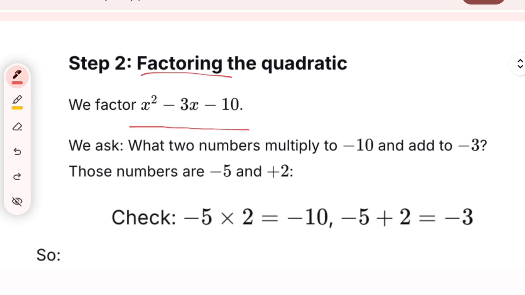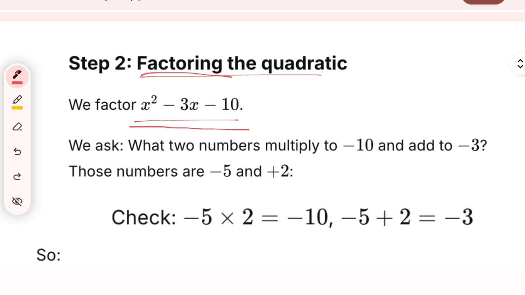The first method that we introduced was factoring. The second method was solving the quadratic equation using completing the square. And the third method was the quadratic formula. So here we will factor the quadratic equation.